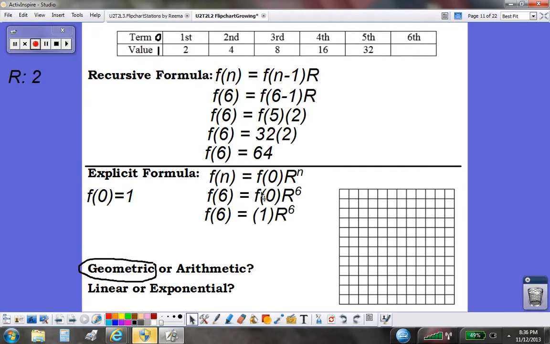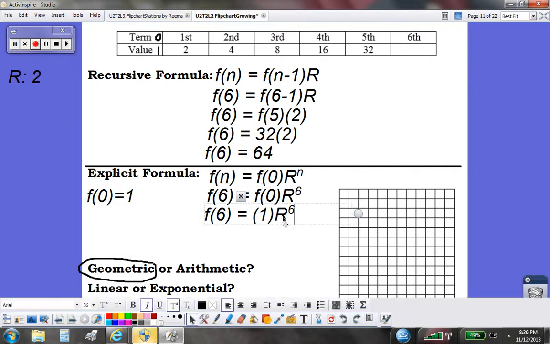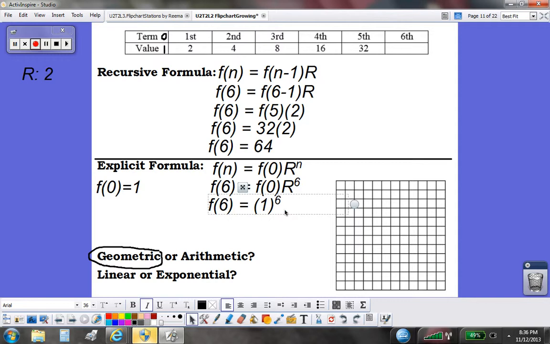Now I'm using parentheses for multiplication because I'm using a program where it'd be more work for me to put in the multiplication symbol. And I don't want to use the x multiplication sign because that might confuse me with variables. Alright, so the only thing I have left here is the ratio, which I defined for the first problem as 2, so I'm going to change that out. So this r is 2.